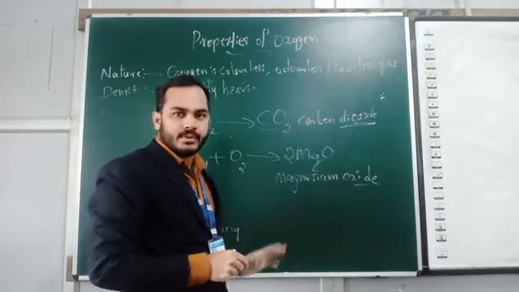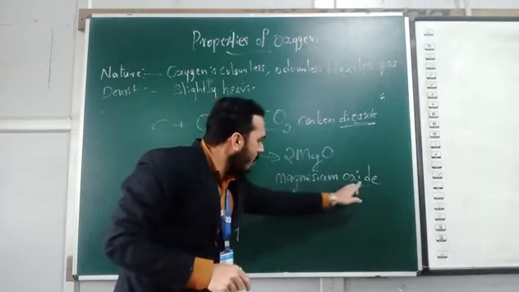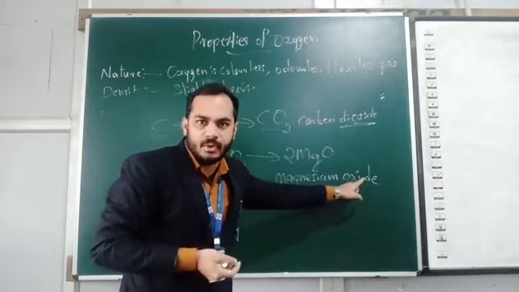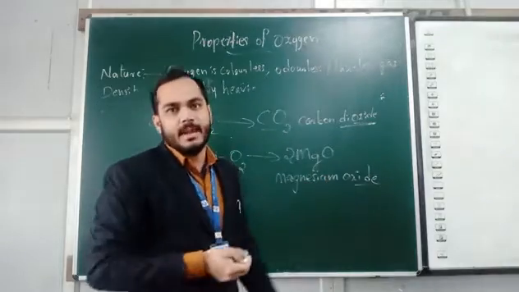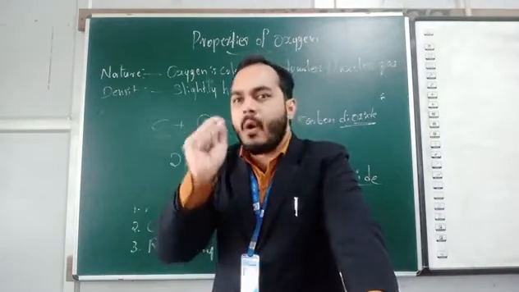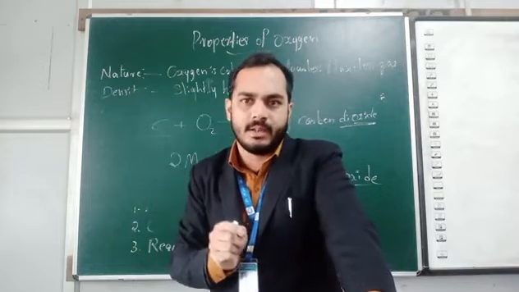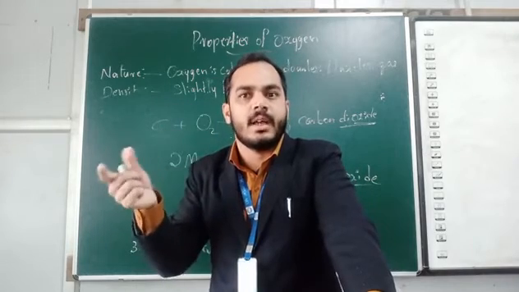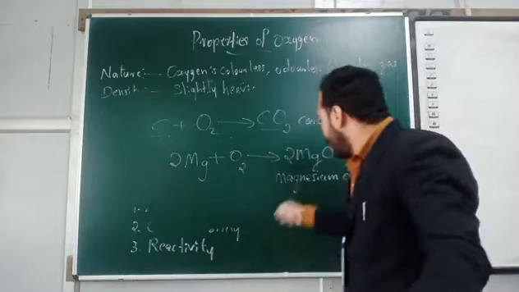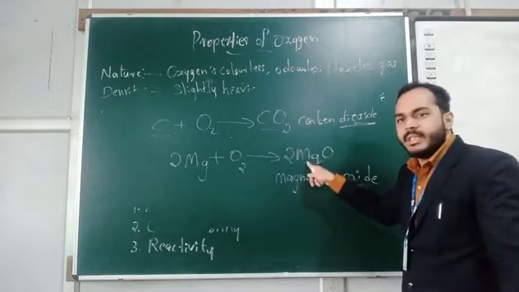It is a metallic oxide. Why do we call it a metallic oxide? Because when oxygen reacts with any kind of metal, it takes the name of the metal, so we say magnesium oxide.